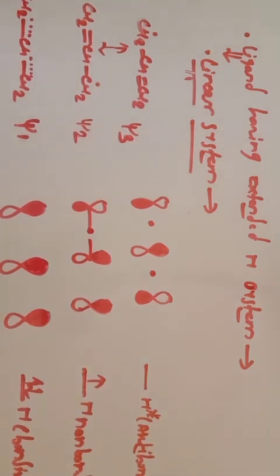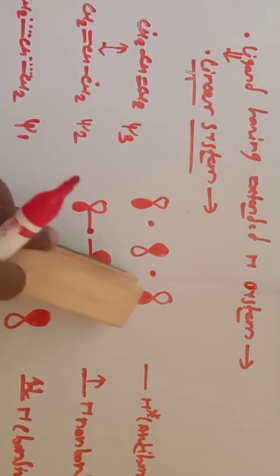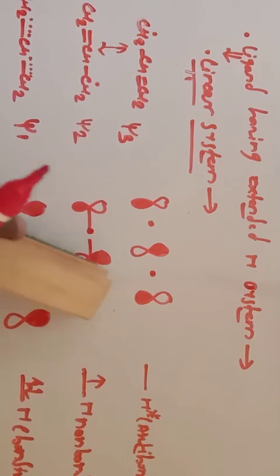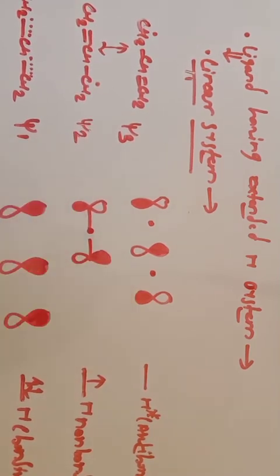Out of the 3 p orbitals, only 2 are involved, so it is a non-bonding interaction. The node indicates the central p orbital is not involved in bonding.